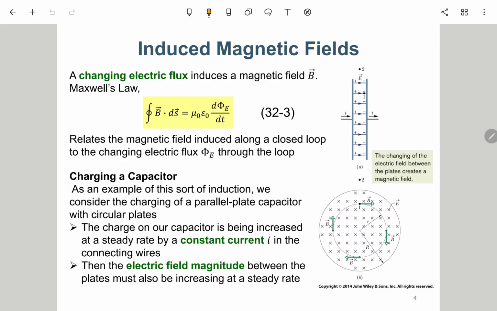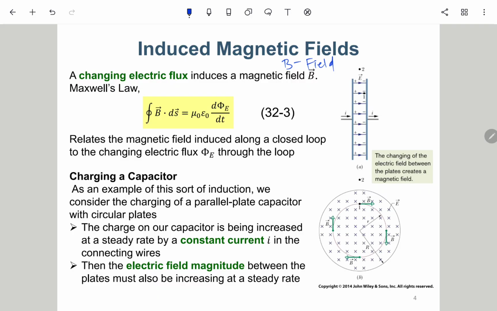Okay, so the second part, we introduce another one called the induced magnetic field, or induced B field. As I mentioned, in chapter 30, we know that if we have a coil and there are magnetic flux changes, there will be an induced EMF, an induced E field.